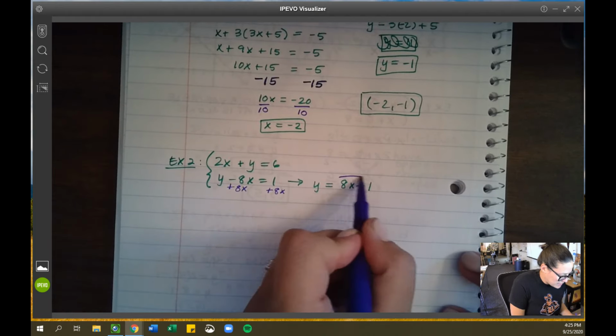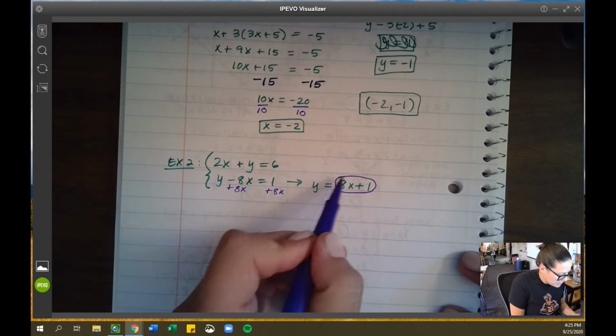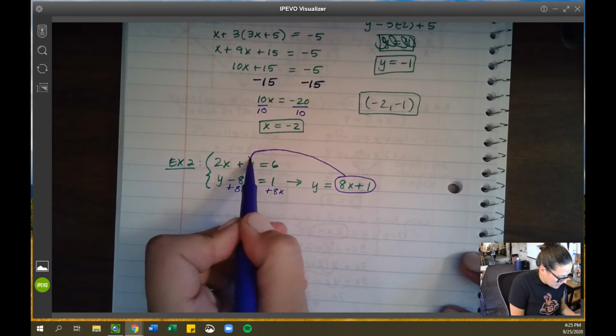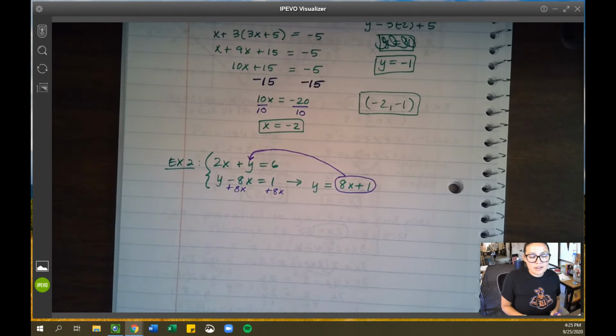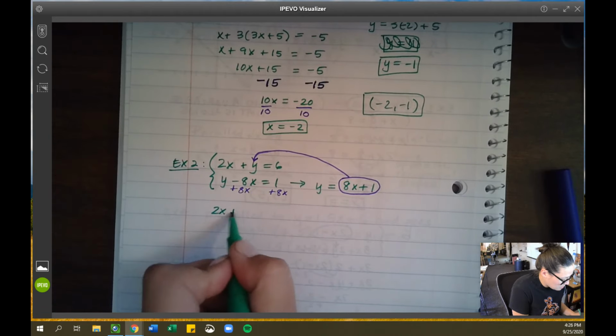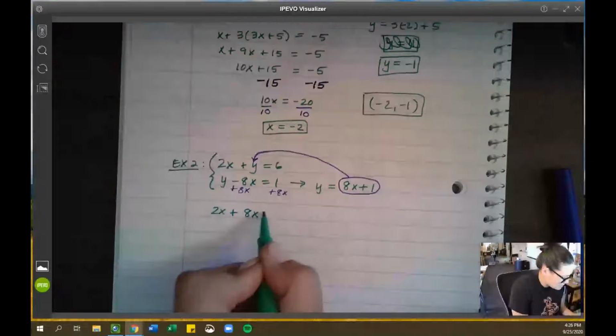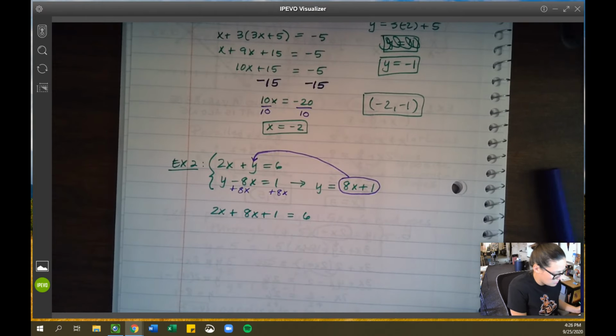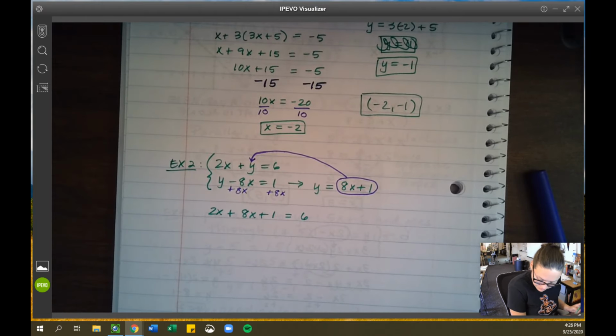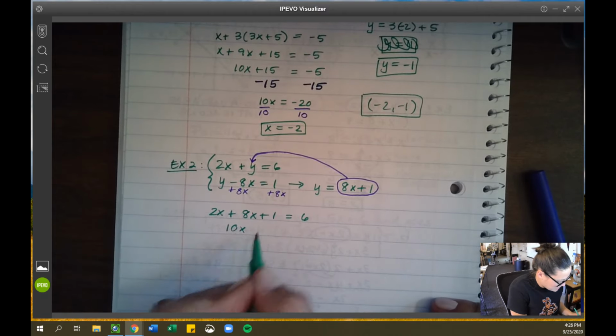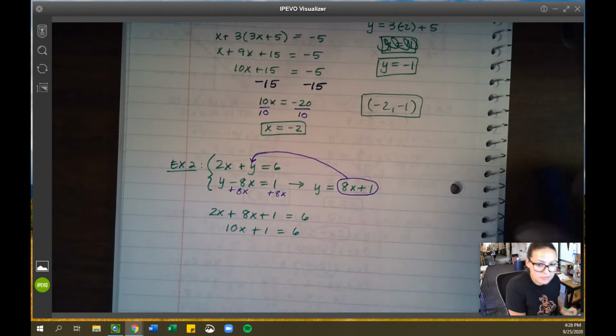So now I can take this 8x plus 1, and I'm going to plug it in to the y in the first equation. So that's going to give me 2x plus 8x plus 1 equals 6. That gives me 10x plus 1 equals 6.